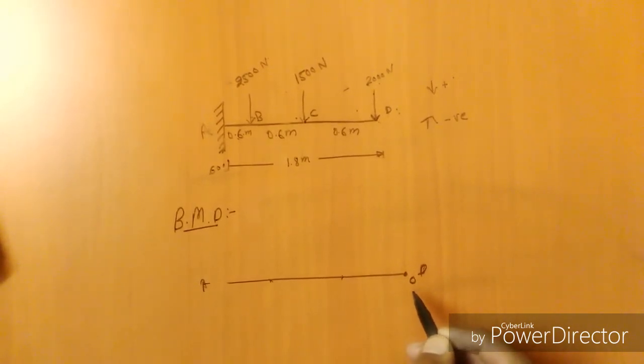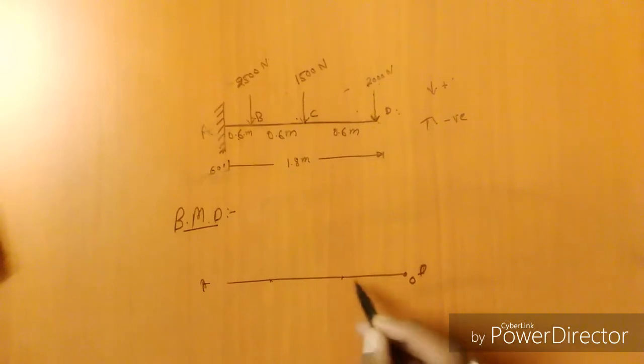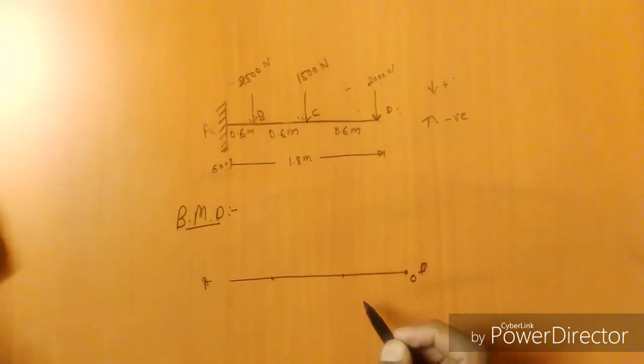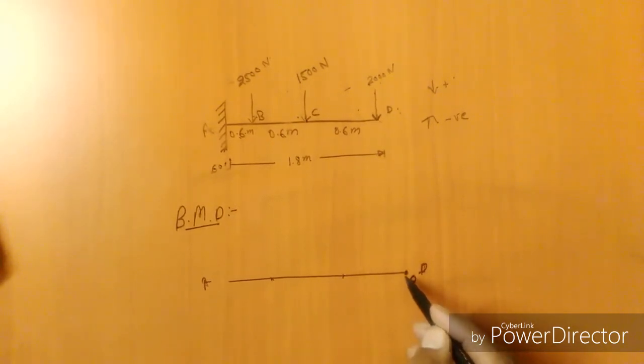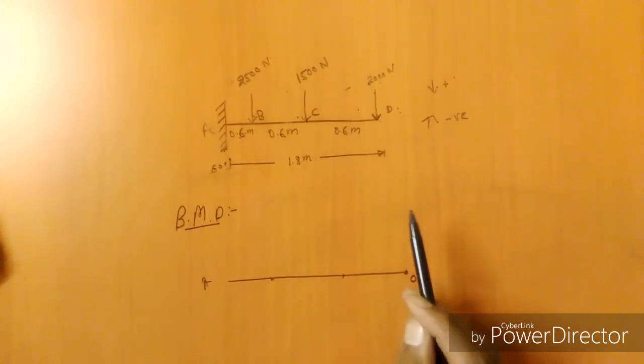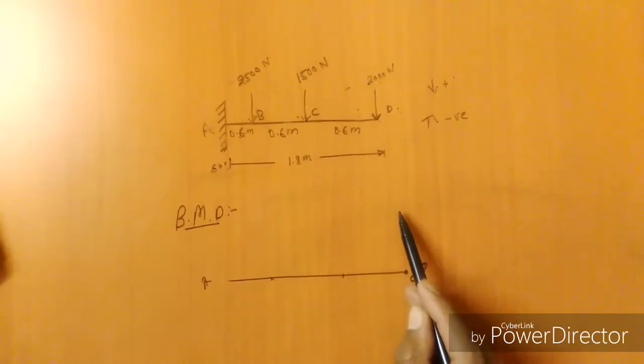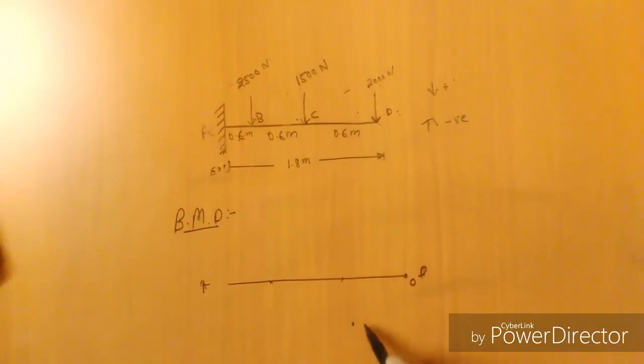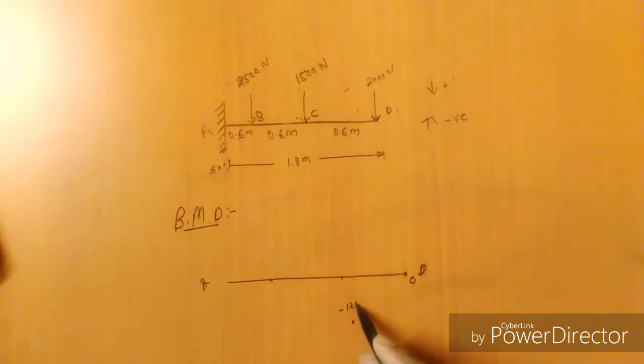And bending moment at point C, that is minus 1200 न्यूटन. मैंने आपको पहले भी बताया कि जो नेगेटिव वैल्यू होती है वो बिलो द बेस लाइन, एंड द पॉजिटिव वैल्यू ऑफ बेंडिंग मोमेंट एंड shear force that is plotted above the baseline. That means minus 1200 इधर आएगा, minus 1200 न्यूटन.